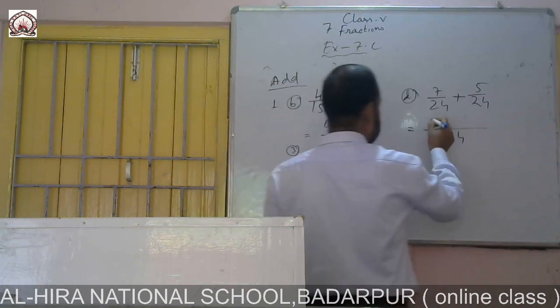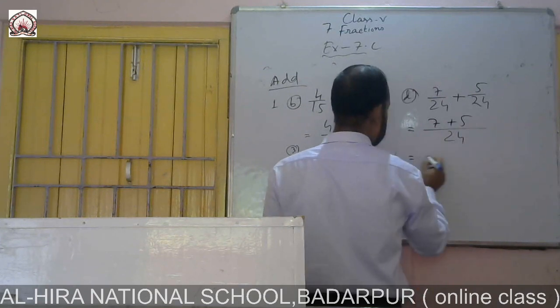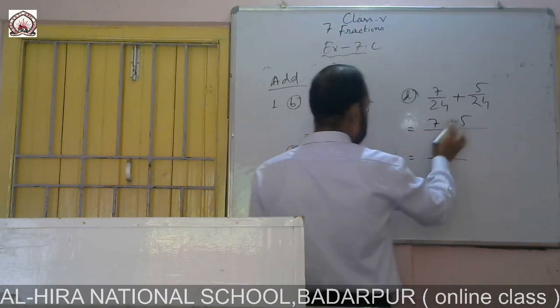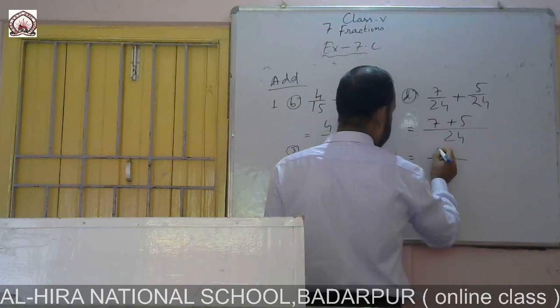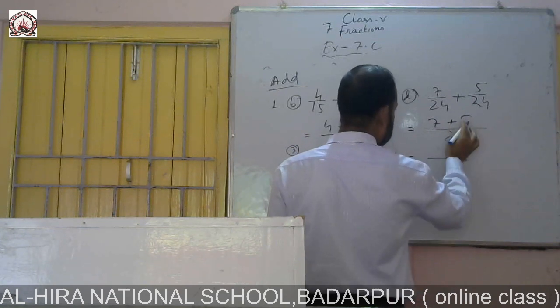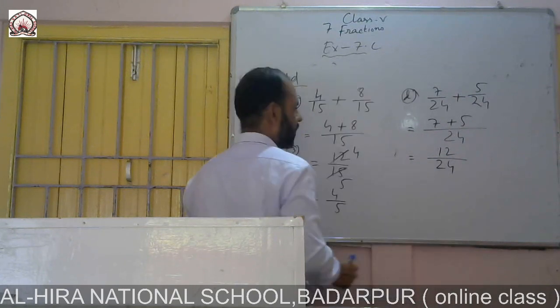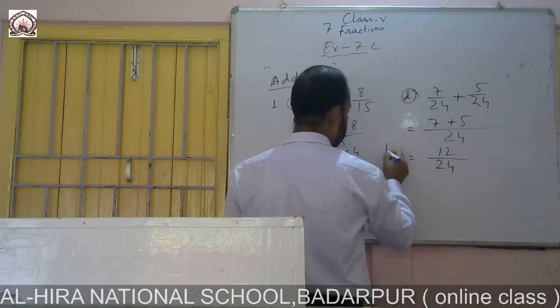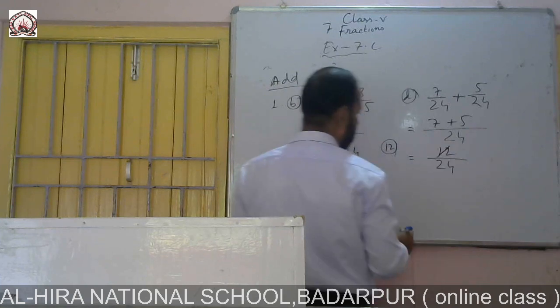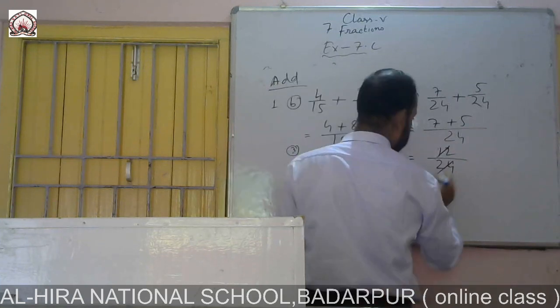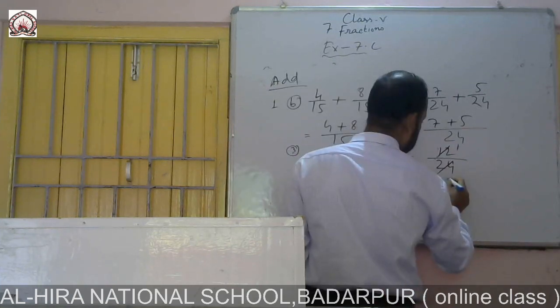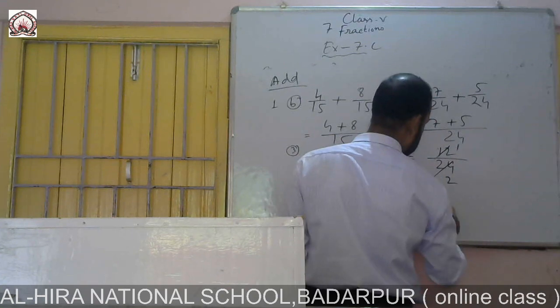So 7 plus 5 equals 12 by 24. 12 by 24, if we cut with 12, 12 1s are 12, 12 2s are 24. Answer is 1 by 2.